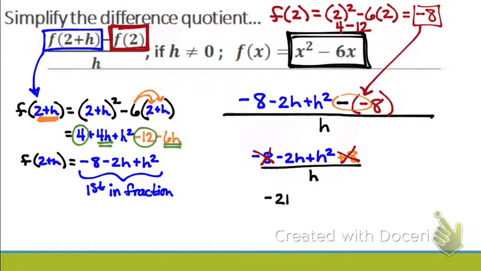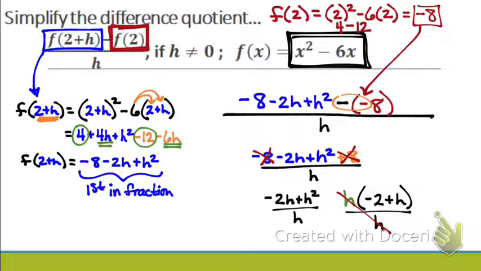So I have -2h plus h squared over h. Can I simplify it any more than that? Yes, I can take an h out as the GCF. And then I can cancel my h's. So -2 plus h, fully simplified.